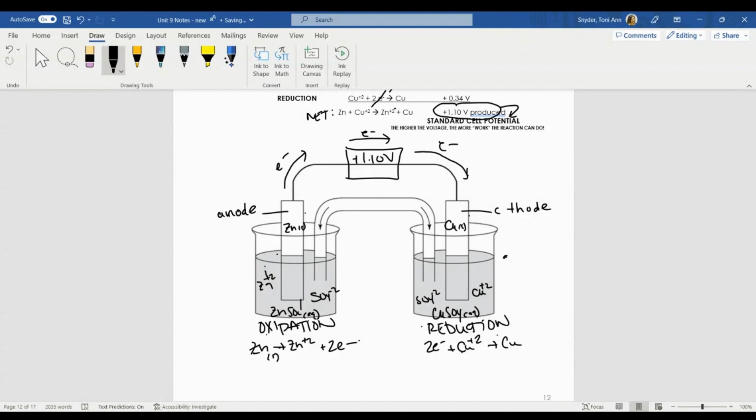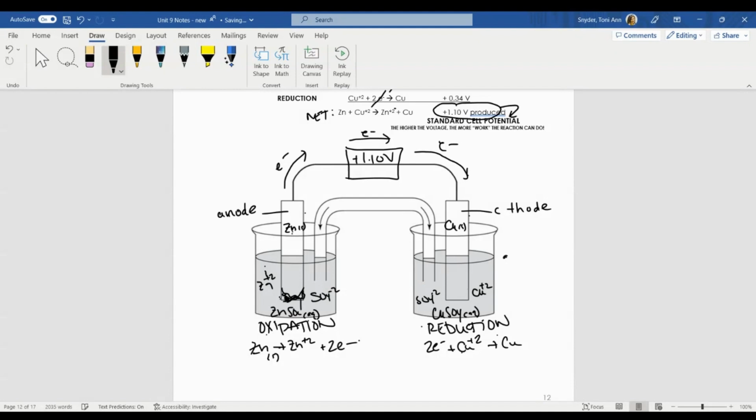Okay. What happens? So if this metallic zinc, this anode, is losing electrons, what's going to happen to this zinc? This zinc is going to start to disintegrate, right? This metallic zinc is going to break down. So literally we will see this electrode start to disappear.